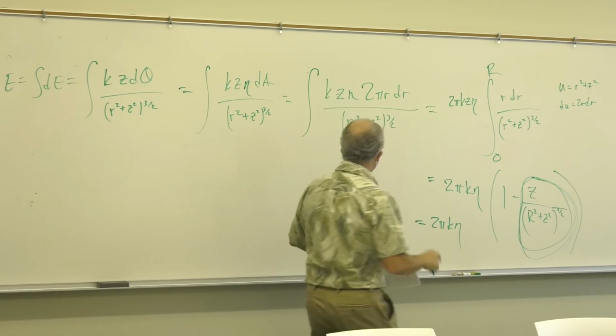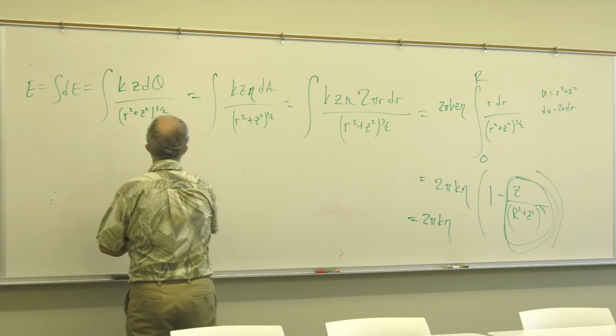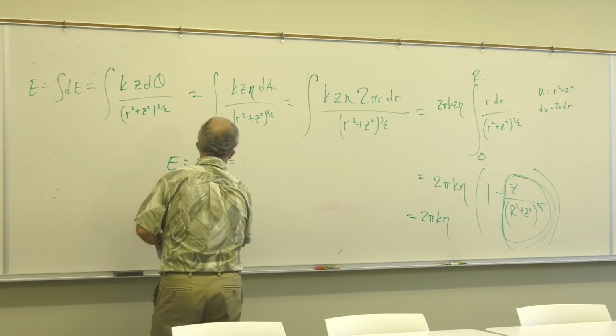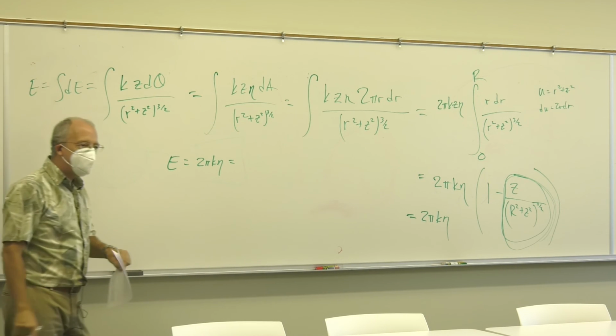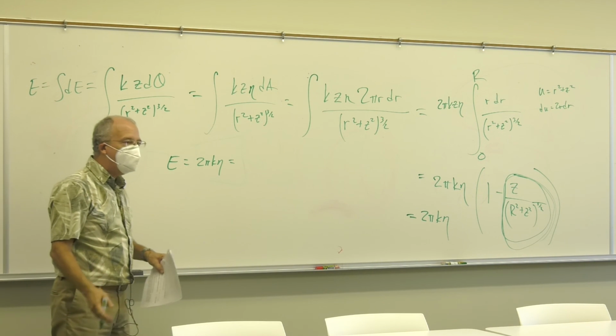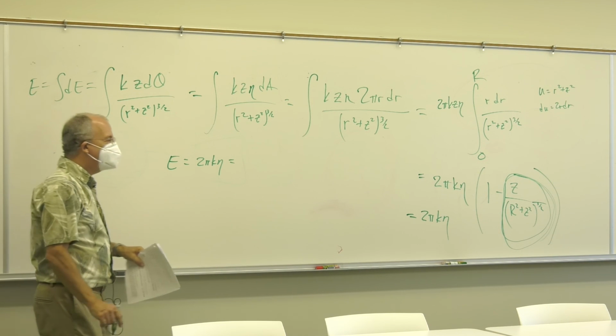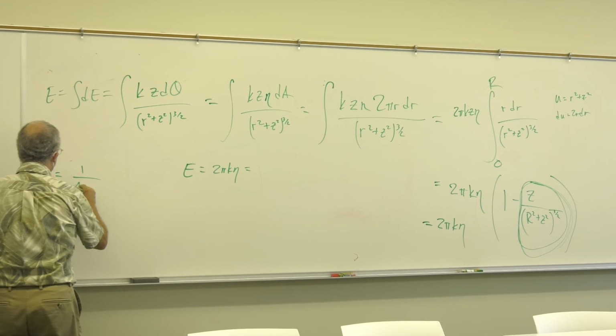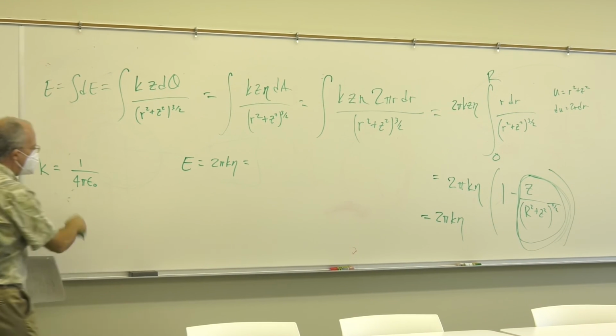Now, remember I told you that once in a while you're going to have to know what k is? So who knows? K is 1 over 4 pi epsilon naught.